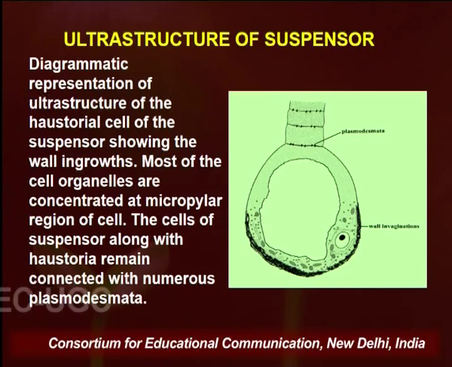The cells of the suspensor along with haustoria remain connected with numerous plasmodesmata. You have to remember here that suspensor is a cell which is involved in taking up nutrition from the adjoining cells, but once it has taken up the nourishment, it has to be passed on to the developing embryo.